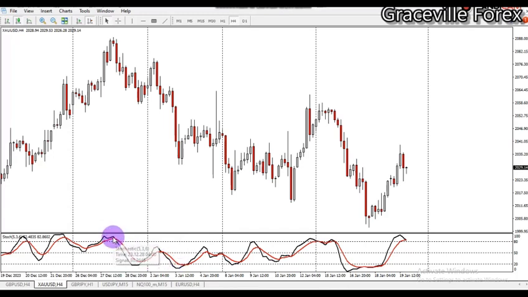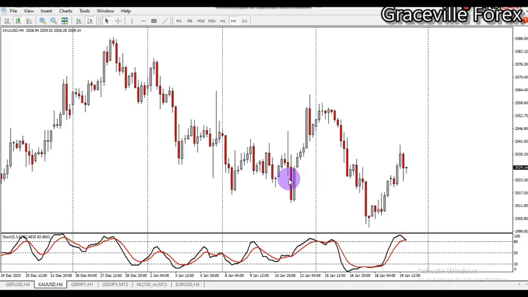If the black line is below the red line at the 80% level of the stochastic, we are looking for a sell opportunity. If the red line is below the black line at the 20% level or below that, we are looking to buy. You're looking for a buy signal.